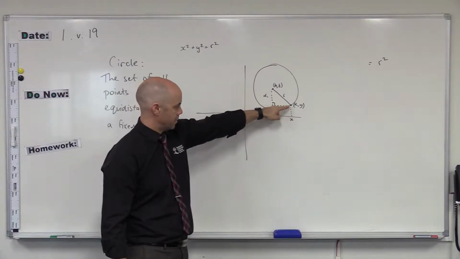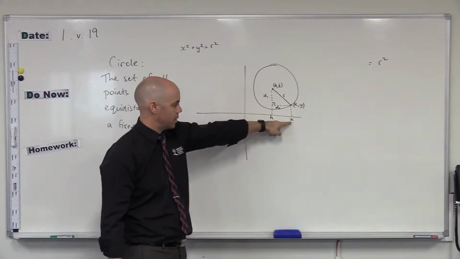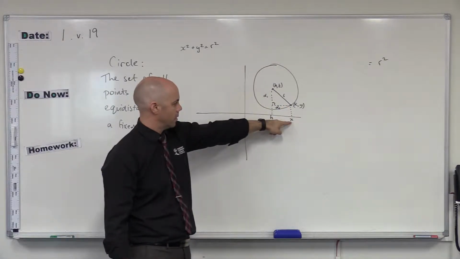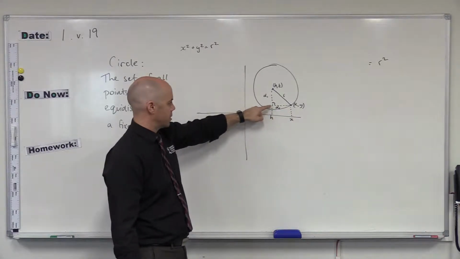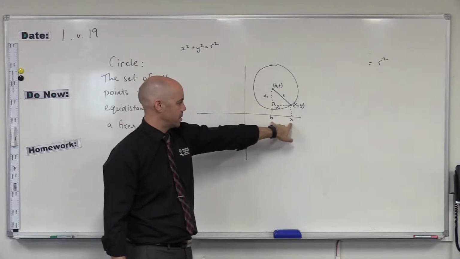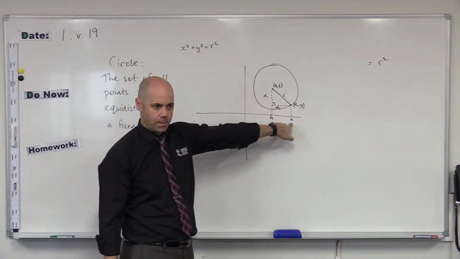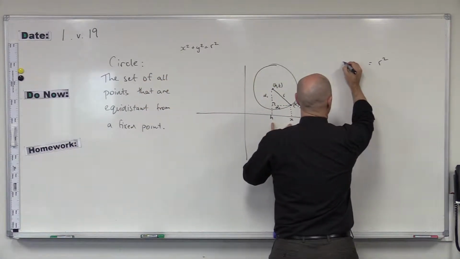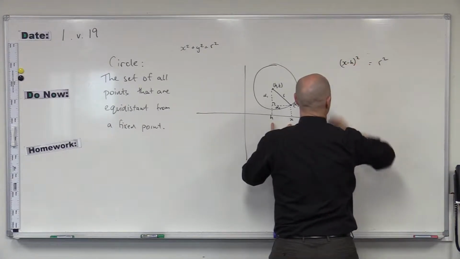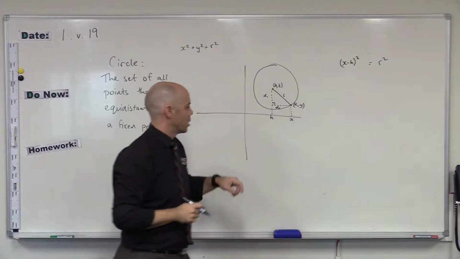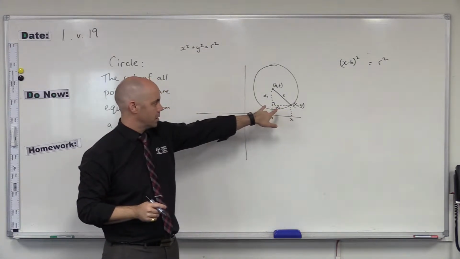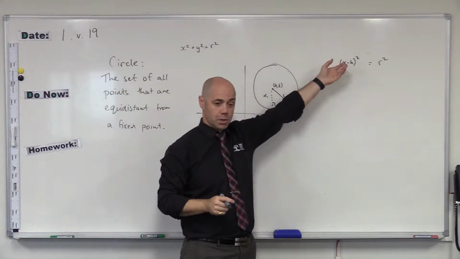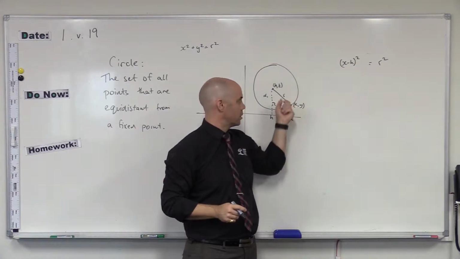This point has an x-coordinate, which generally says x for the moment. And so what is that distance there? Well, it's the same as that distance down here: x minus h. So if that's x minus h for a distance, then what goes into our Pythagoras? That distance squared.